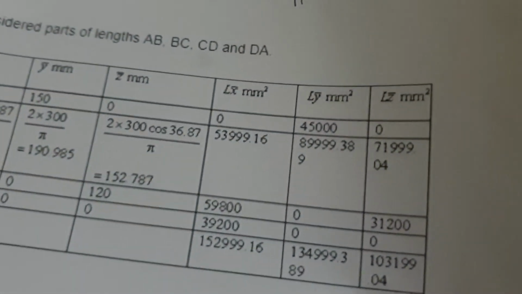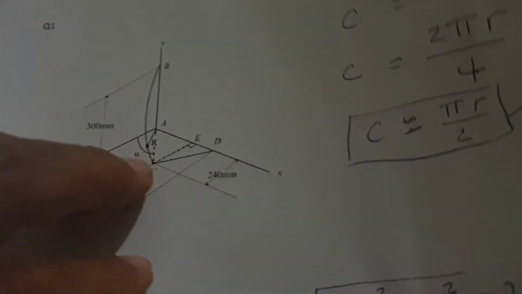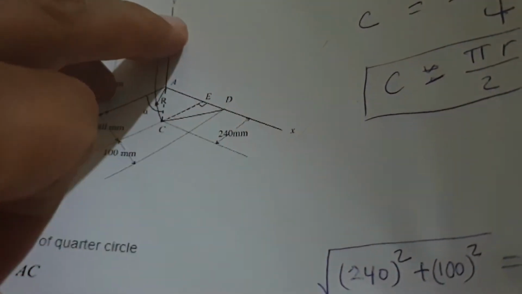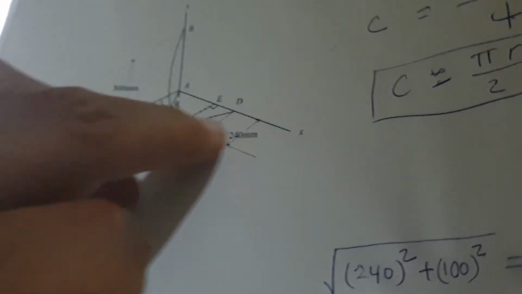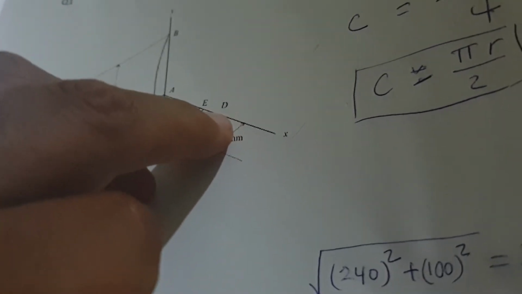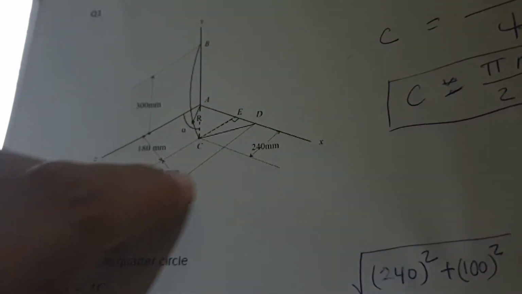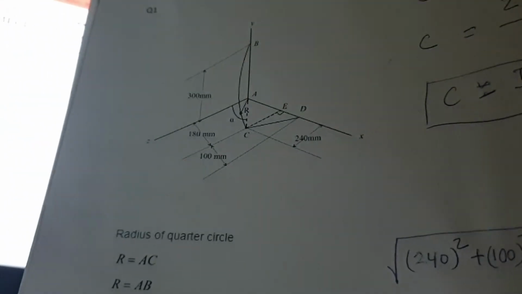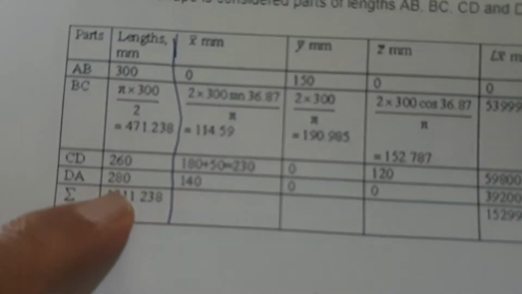Let's find the last one. We found AB, we found BC, we found CD. Now let's find the last piece of the wire, DA. We know DA is 180 plus 100, that's 280.